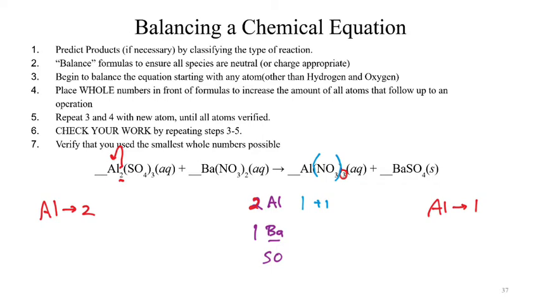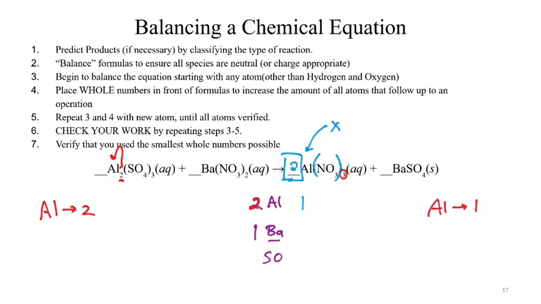The only number we can change is the number out front. And the mathematical operator that sits in there is what? Multiplication. So it's not that I want to add 1 aluminum. It's that I want to turn that 1 into a 2 by multiplying by 2.